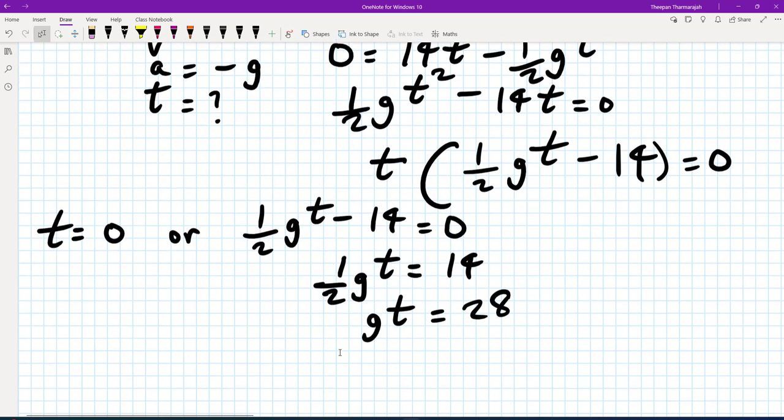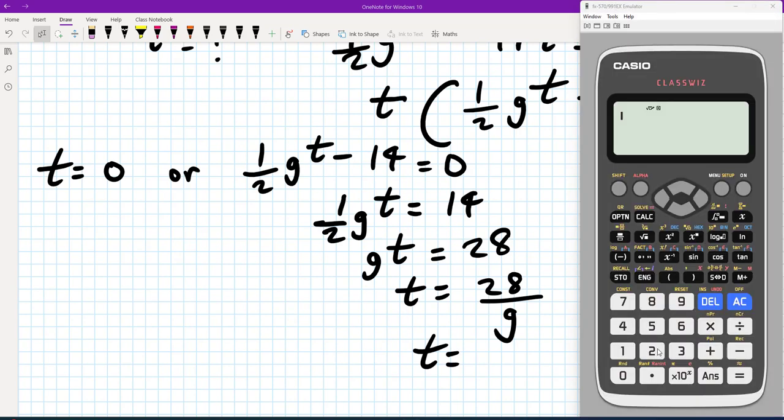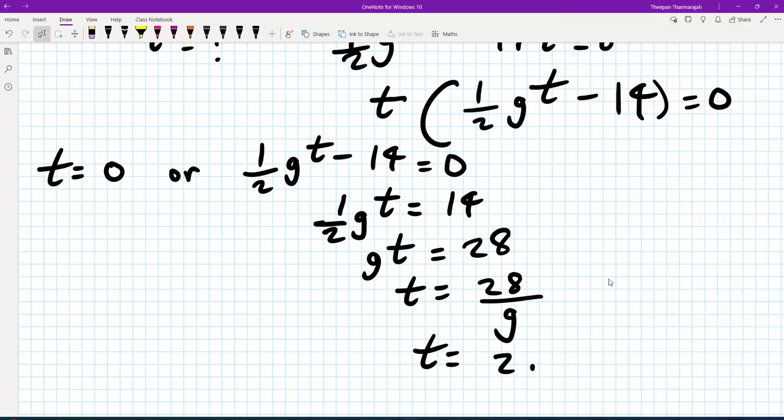Therefore, t is equal to 28 over g. So we can work that out on our calculator. That will give me 28 divided by 9.8, which is 2.86 seconds to 3SF.